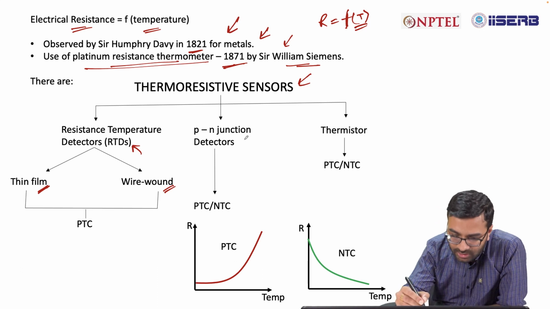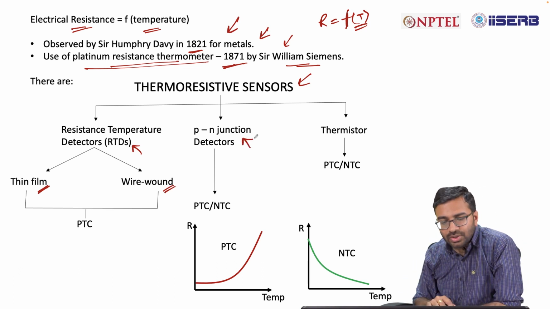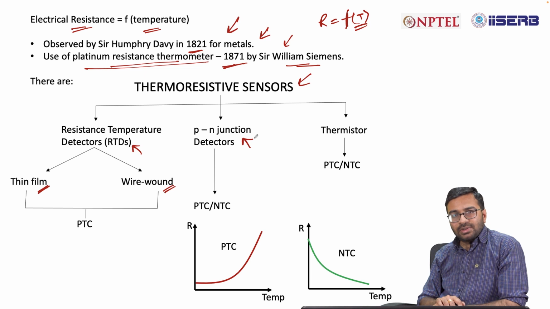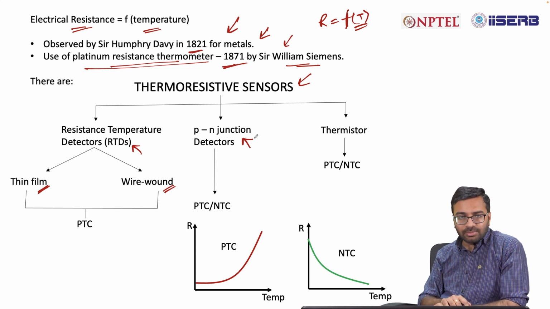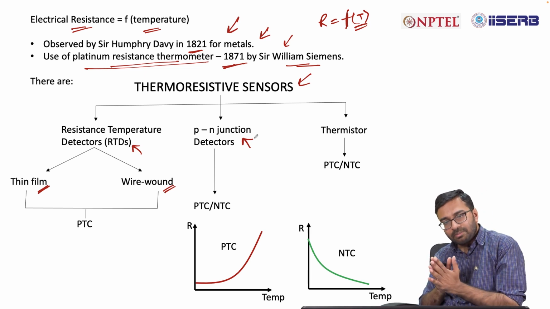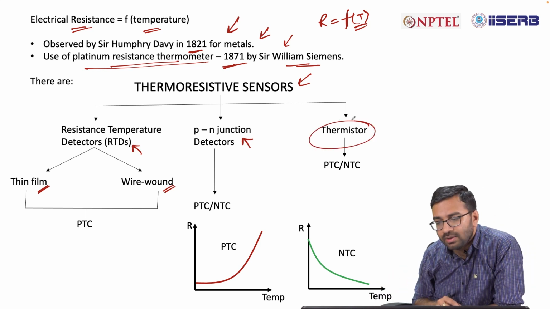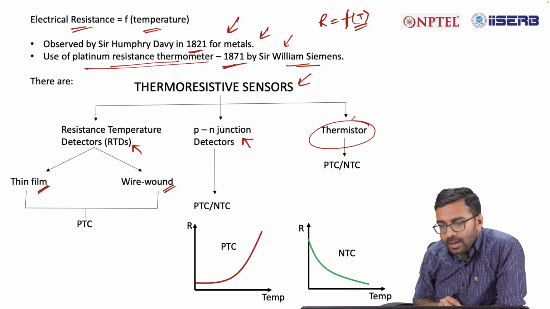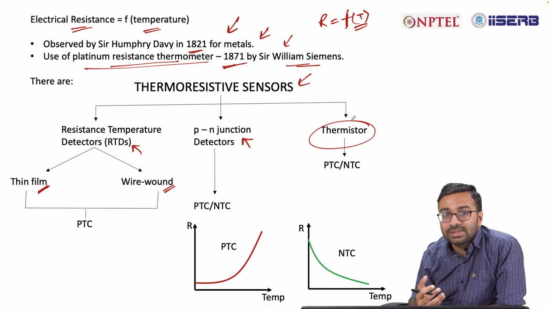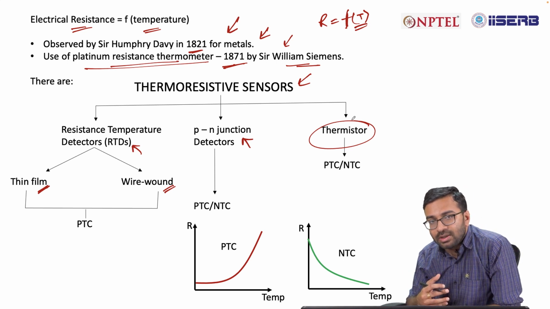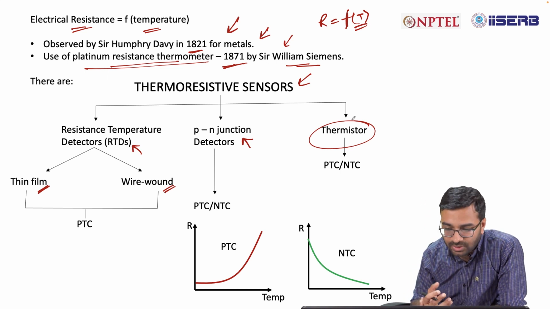Then we have PN junction detectors, which, as is clear from the name itself, are based on a semiconducting PN junction. Then we have thermistors, widely used in different applications, and thermistors are again based on electrical resistance that changes in response to the applied temperature.